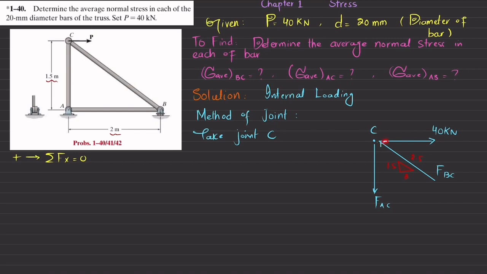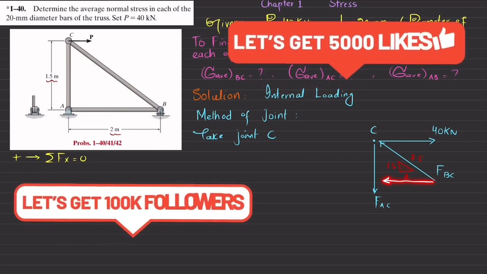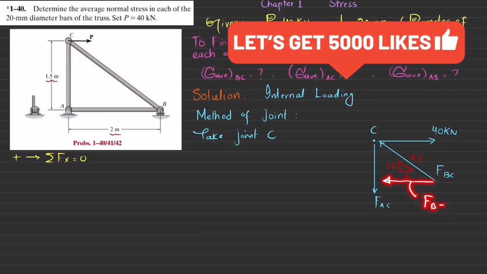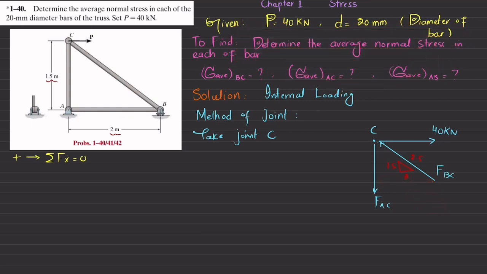So you can see one force is this one and the second force is the horizontal component of FBC, which is in this direction, and this will be equal to FBC x. So I will write its two components. One is in this direction and the second one will be in this direction.